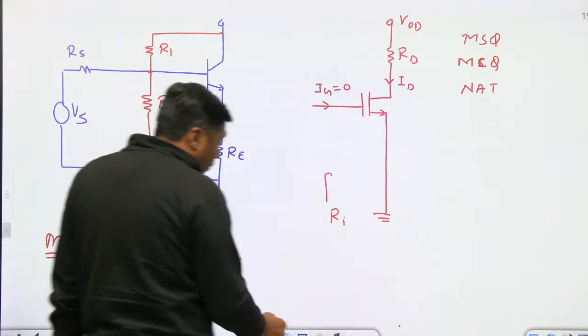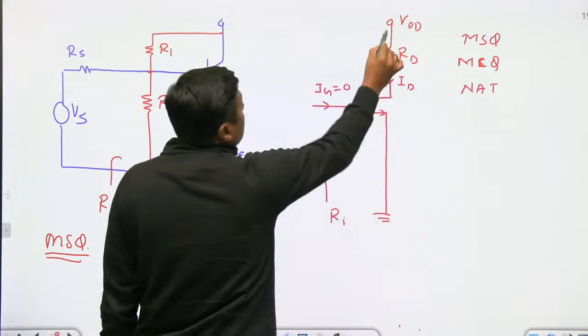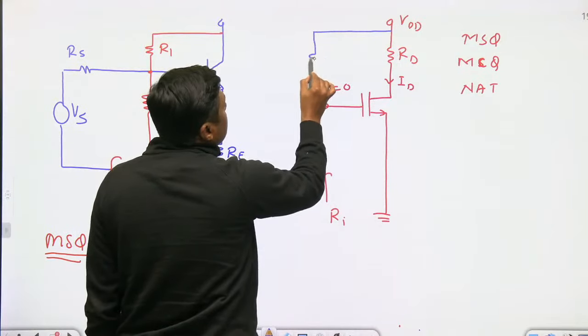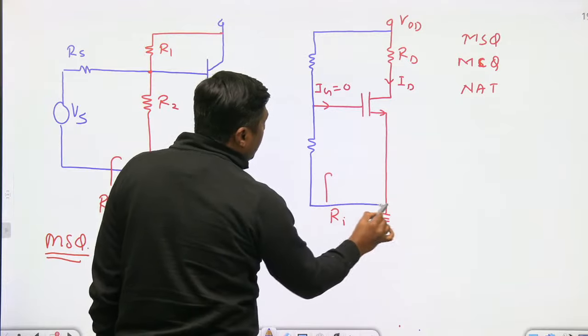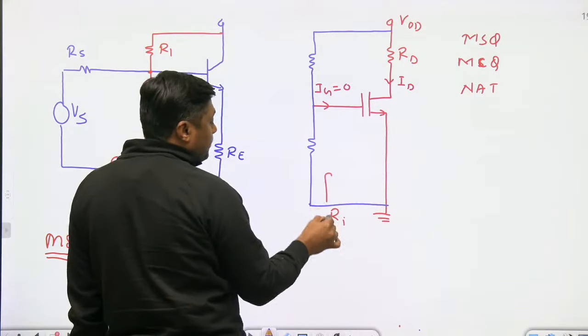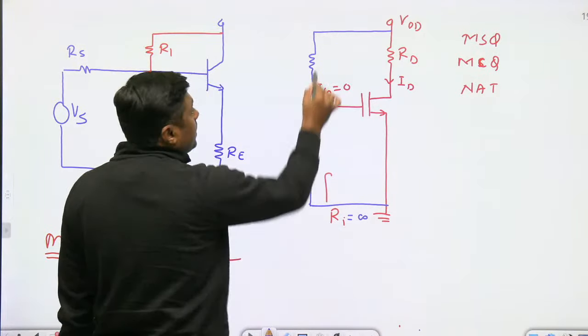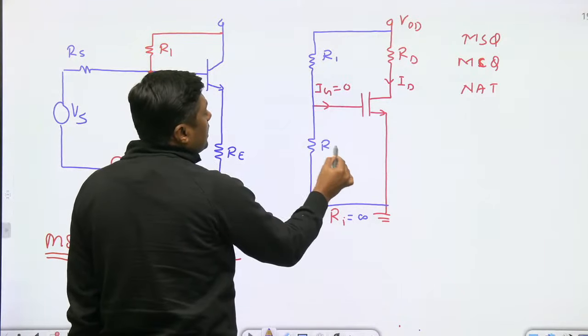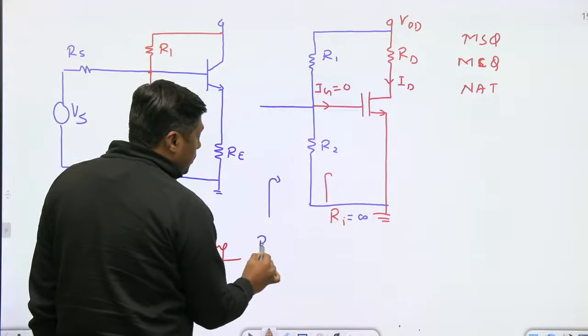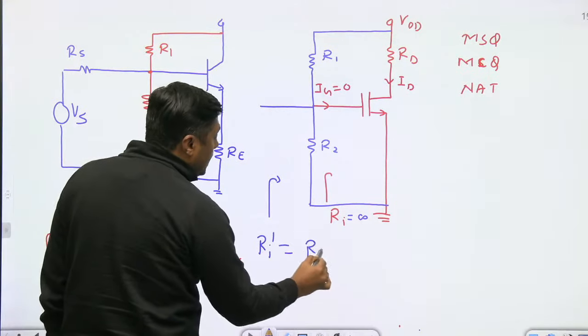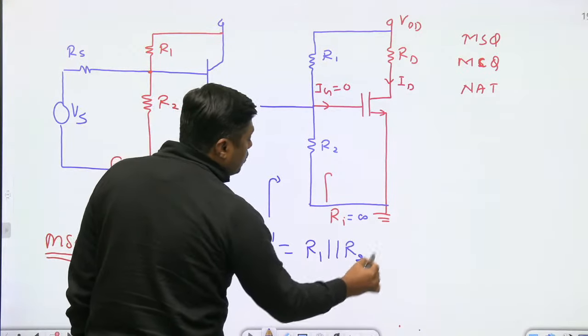But we are providing the potential divider biasing here. When I am giving the potential divider biasing, up to this point it is infinite. But always remember, once you are connecting the potential divider, at this point the input resistance will become R1 parallel with R2 parallel with what?